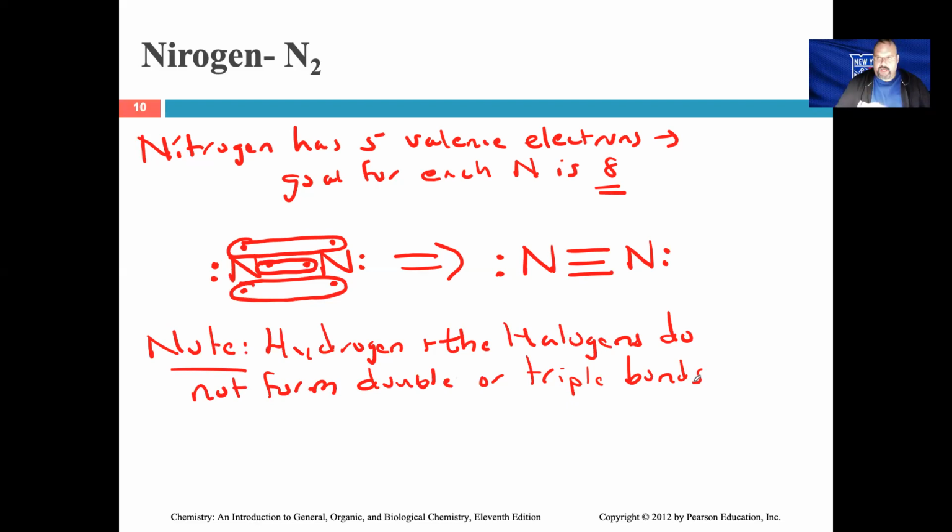Because for hydrogen, the highest energy level where you have electrons is the first, and the maximum number of electrons you can have in the first energy level is 2. Now the halogens can, but for reasons that we won't go into in this course, they don't. So hydrogen can't, so it doesn't. The halogens technically can, but for reasons we won't discuss, they don't. So basically, hydrogen and the halogens do not form double or triple bonds. They are involved in single bonds only.